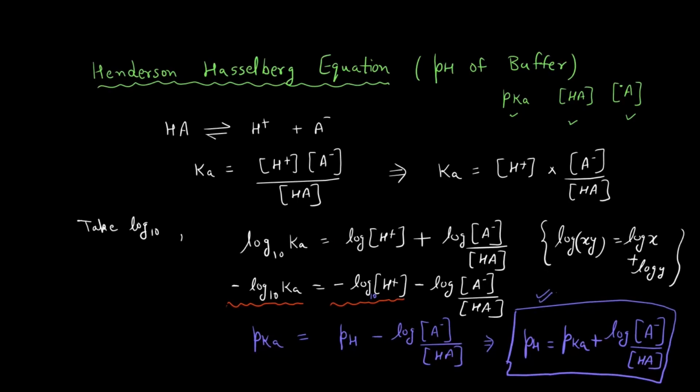Similarly, we can do this for the basic buffer. Suppose my basic buffer is, for example, ammonium hydroxide and its salt with a strong acid, that is, ammonium chloride. Ammonium hydroxide is our weak base. It will partially dissociate into ammonium ion and OH- ion.